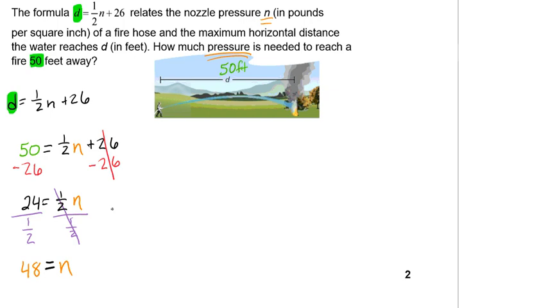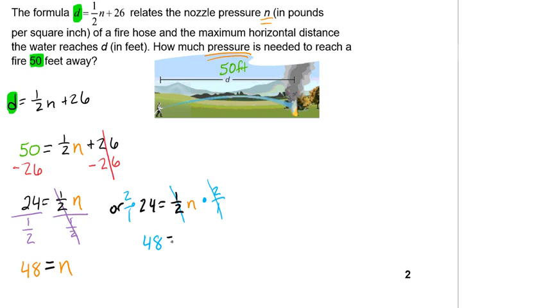Now, just to show you that you could have done it the other way as well, if we had taken our 24 equals 1/2 times N, instead of dividing by 1/2, we had multiplied by its reciprocal, 2/1. That would have crossed off our 1/2s there, and 2 times 24 is 48.